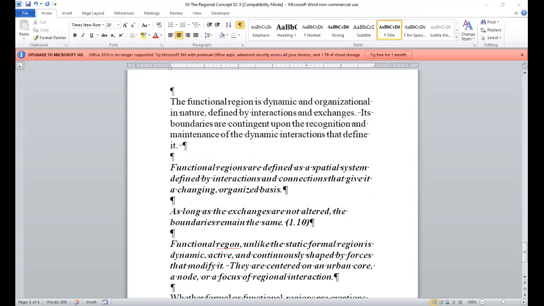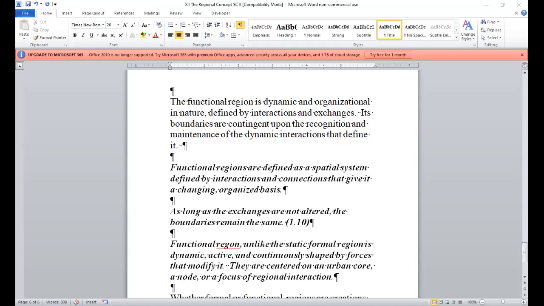Its boundaries are contingent upon the recognition and maintenance of the dynamic interactions that define it. And we know that some towns are not what they once were. Some towns are burgeoning because of various economic activities, and that changes the complexion of a particular region.